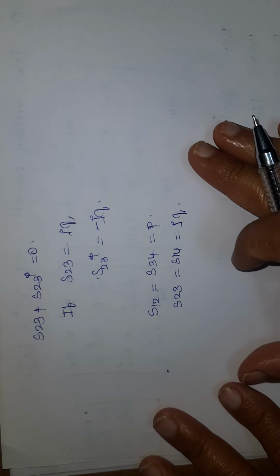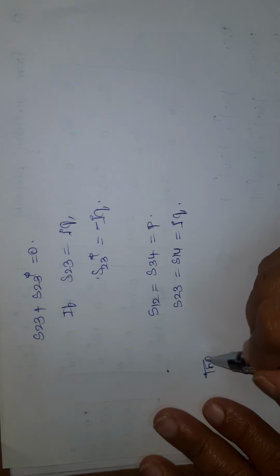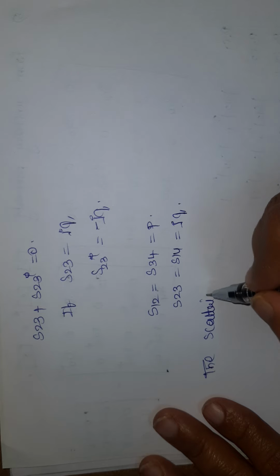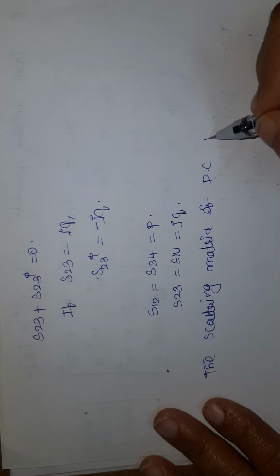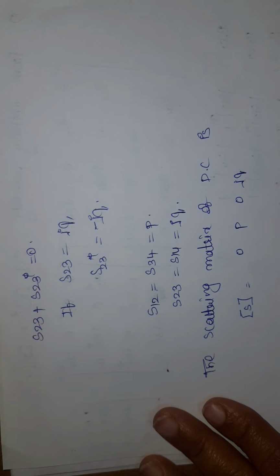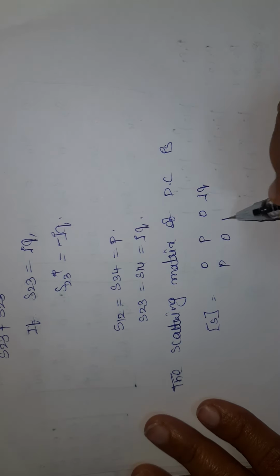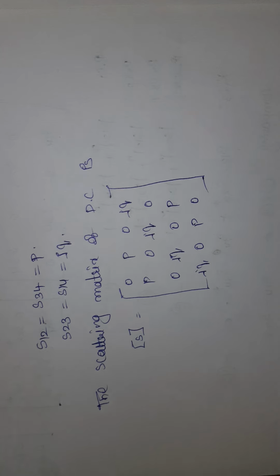So by substituting all these values P and JQ in the scattering matrix, the scattering matrix of the directional coupler is S equal to 0, P, 0, JQ, P, 0, JQ, 0, 0, JQ, 0, P, JQ, 0, P, 0. So this is the scattering matrix of the directional coupler. Okay, thank you.